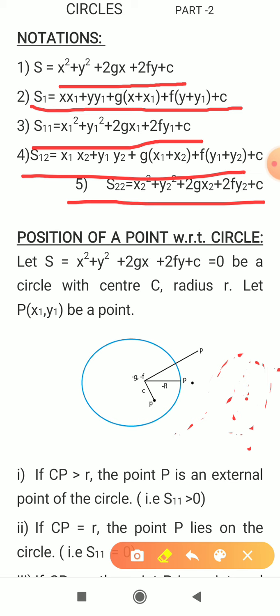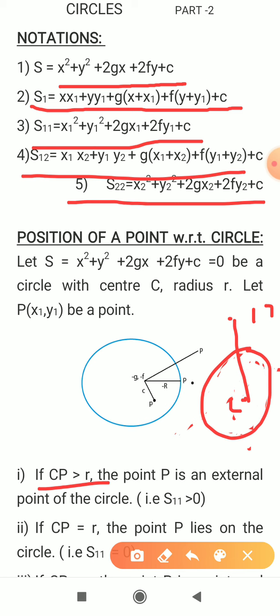The first one: if CP is greater than R. Suppose this is the circle and this is the point P. This is the center, which is always denoted by C. The distance from C to P is clearly greater than the radius.